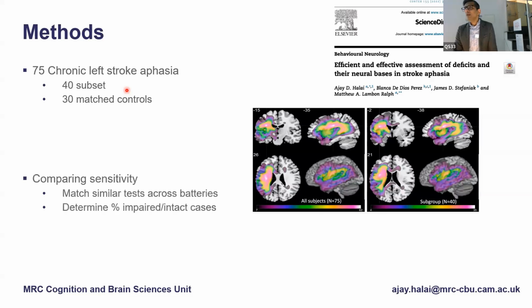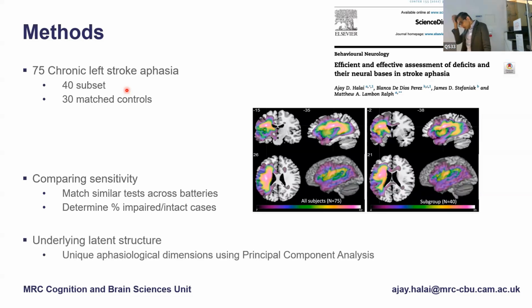In the paper, we do multiple analyses, but I'm just going to focus on two for time. The first thing we wanted to do was compare the sensitivity. So we took a task from the extensive battery and matched it with one of the tasks from either the CAT or the reduced battery, and we wanted to see if they differed in sensitivity.